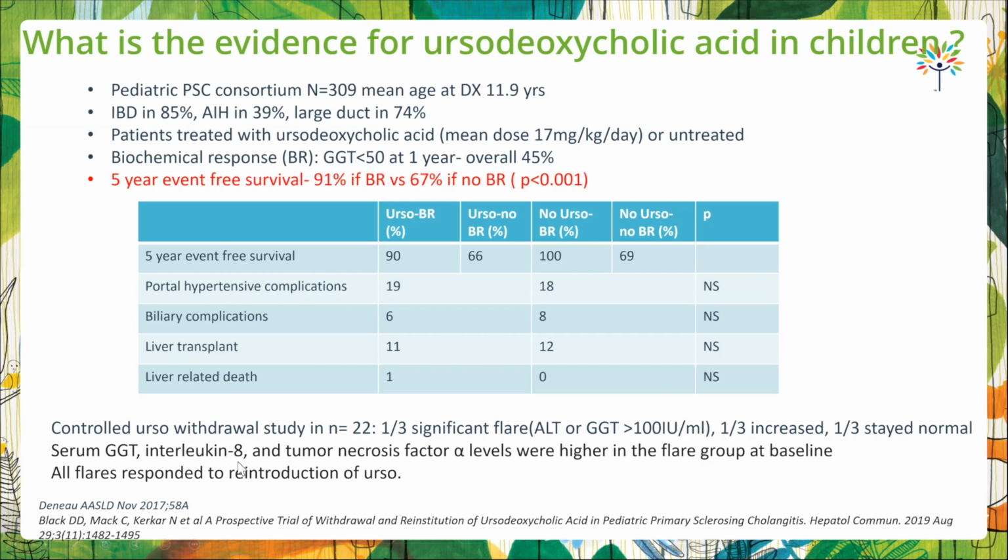In another study, people who were well established on urso and doing well had a withdrawal of urso, and they found a third of them got significantly worse and another third got a bit worse, whereas a third, nothing happened at all. All of these flares of liver function test abnormalities were able to be recontrolled by urso. So we've got two lots of studies here which seem to show conflicting results.